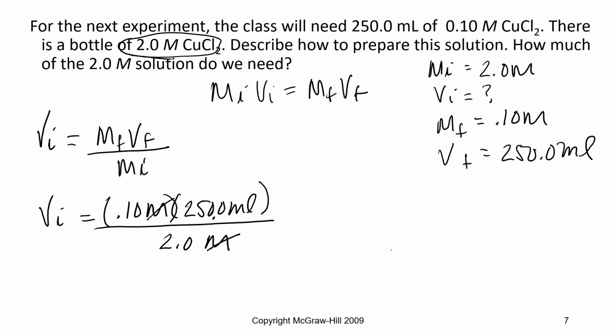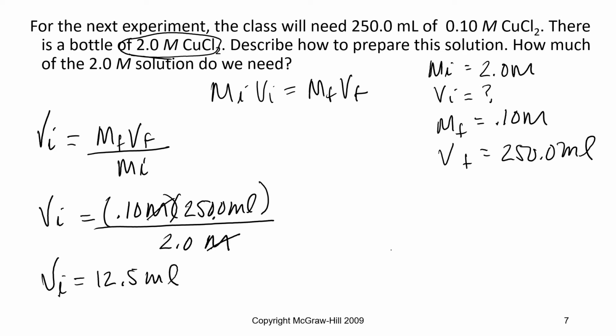Molarities cancel, and so we'll get a volume in liters, and this is the volume of that 2.0 molar copper(II) chloride solution that we need to dilute. So this is 12.5 mL.